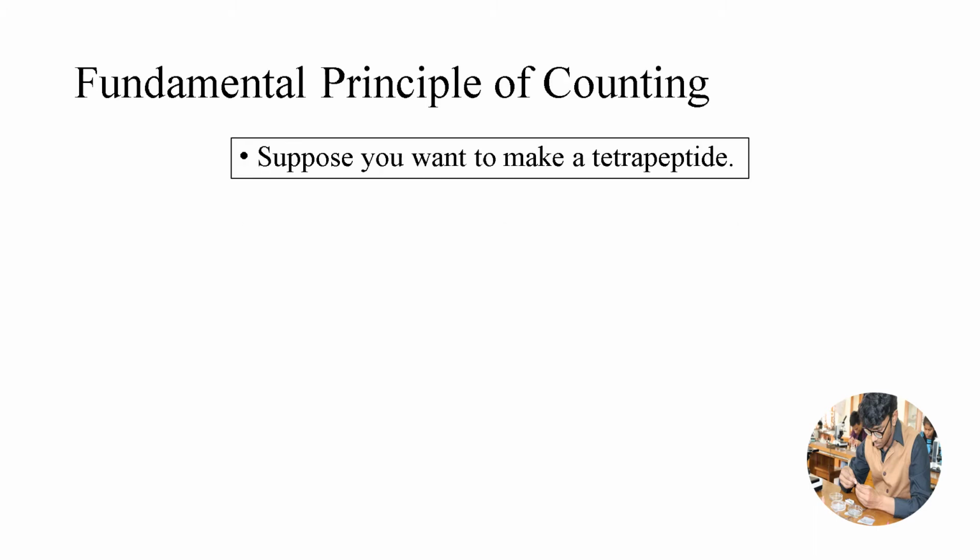To begin with, let's start with the fundamental principle of counting, which is a basic thing we need to understand before starting with permutations and combinations. Rather than giving you a theoretical definition, let's actually try to understand what the fundamental principle of counting says.